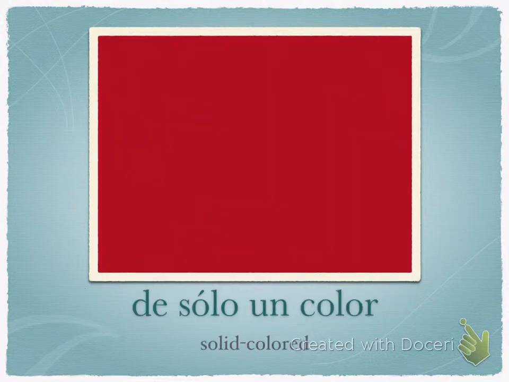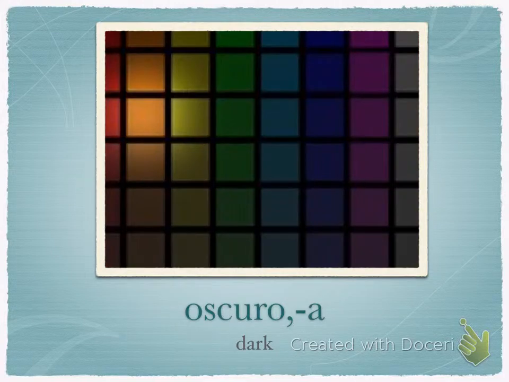Now, if we want to say solid colored, de solo un color. If it helps you remember this, the literal translation for this would be of only one color. So that might help you remember solid colored. Dark, oscuro o oscura.